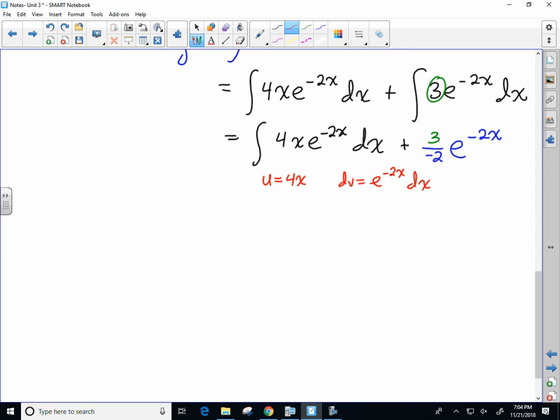When you're choosing your u, it's something you want to be able to differentiate, but it also needs to become a simpler function when you differentiate it. This is going to become du equals 4 dx. That's perfect. V is going to be equal to negative 1/2 e to the negative 2x.